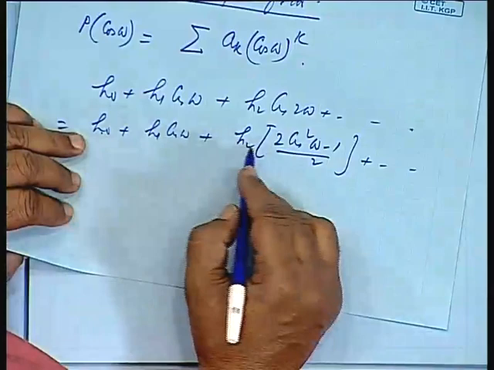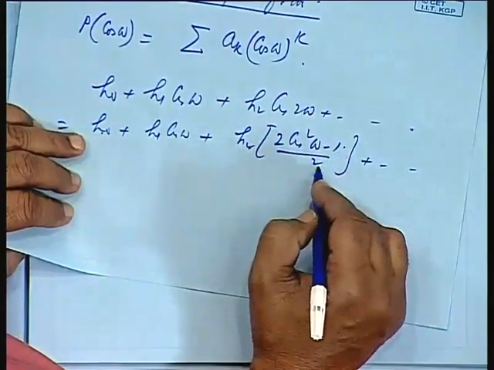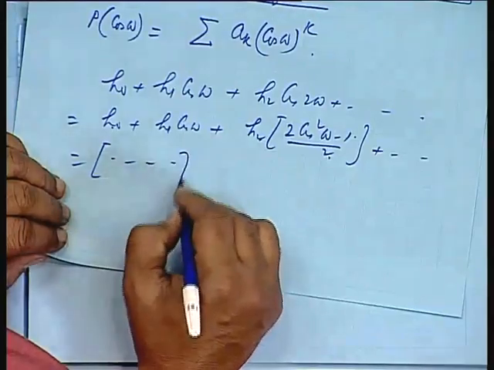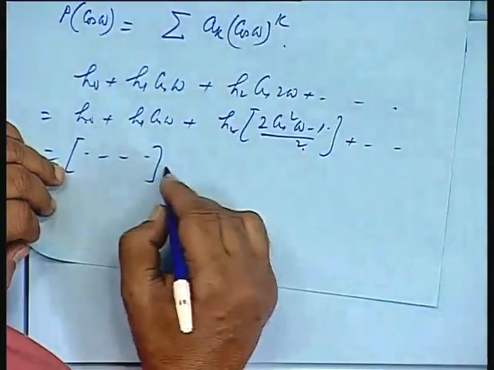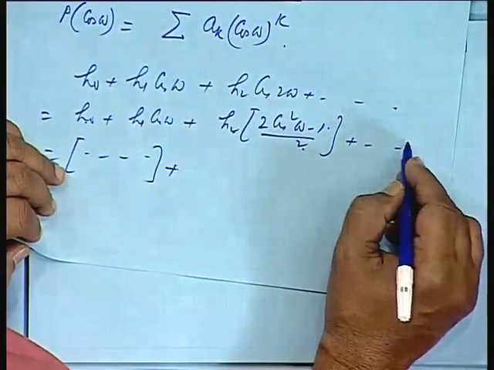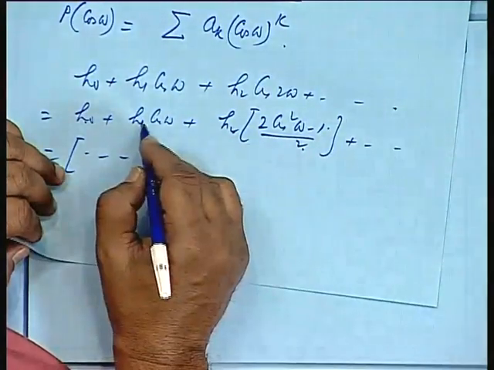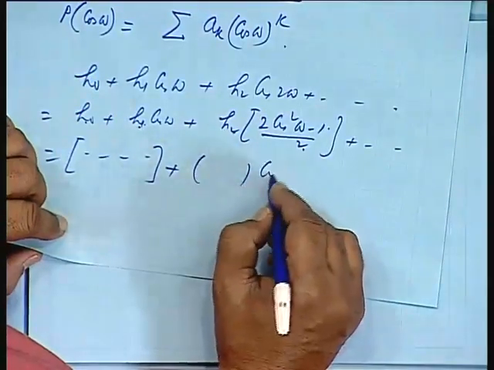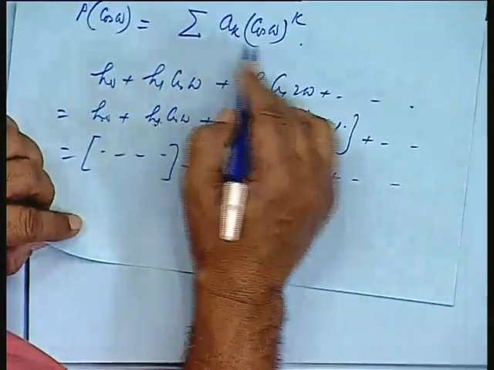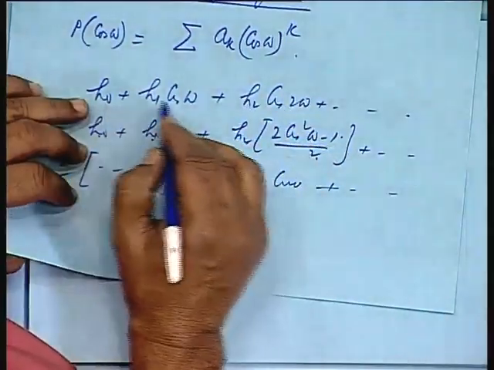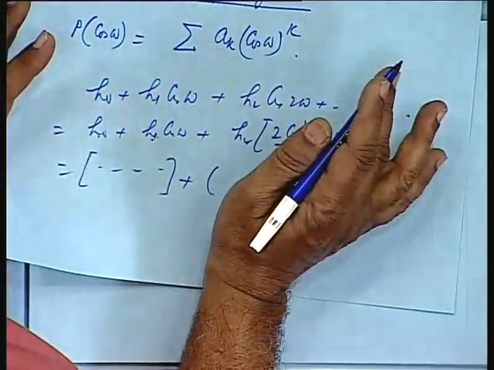So finally h0 plus minus h2 by 2, all these terms will form the first coefficient. Then the cosine 3 omega term will give you cosine omega also, so those coefficients will be clubbed with h1, something into cosine omega and so on. So, you get a polynomial of this type. We are not really concerned about the relationship between h0, h1 etc. and ak, that is not required.